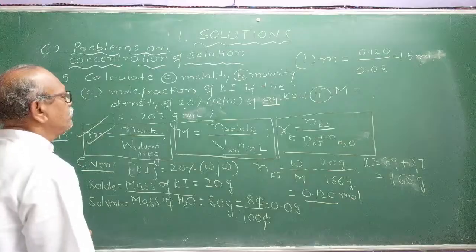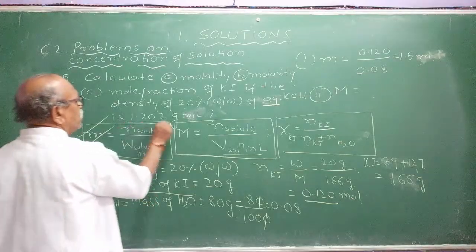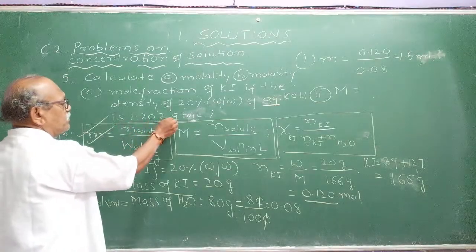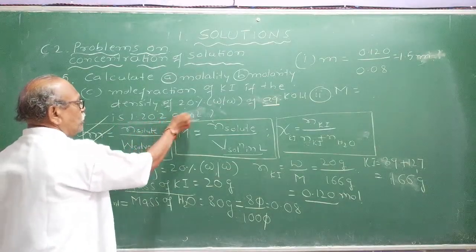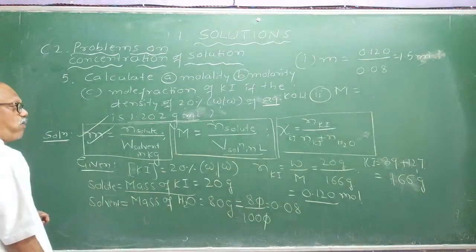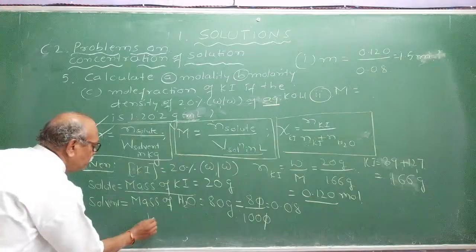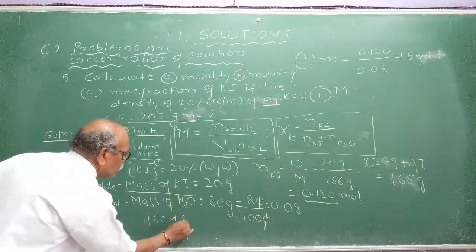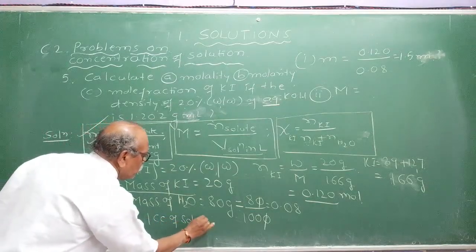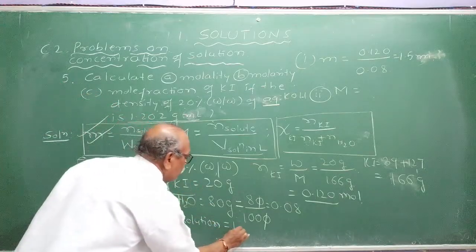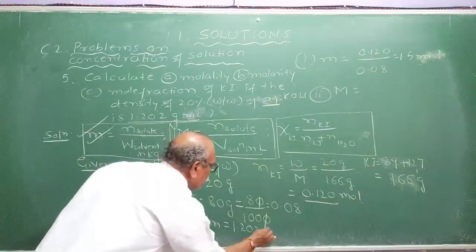For that you are given the density. What is the meaning of density? 1.202 gram of the solution is present in 1 cc of solution. 1 cc of solution contains how many grams? 1.202 grams.